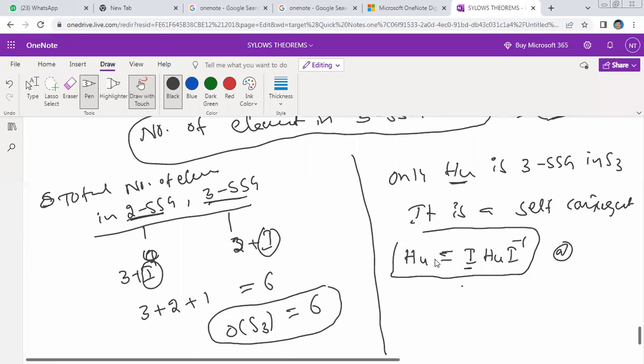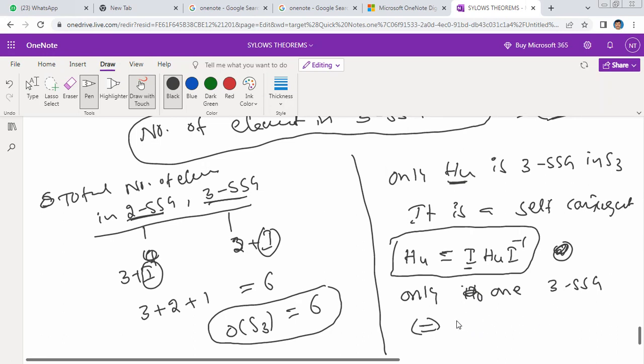How many here? Only one Sylow 3 subgroup. ఎప్పుడైతే గుర్తుపెట్టుకోండి, only one Sylow subgroup ఉంటే ఖచ్చితంగా అది నార్మల్ సబ్ గ్రూప్ అవుతుంది.